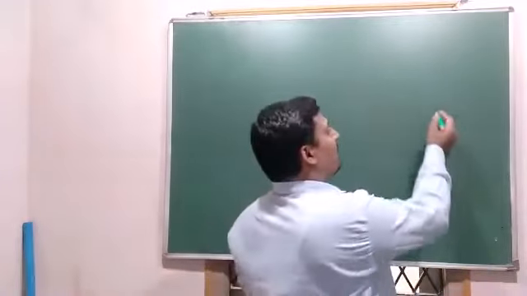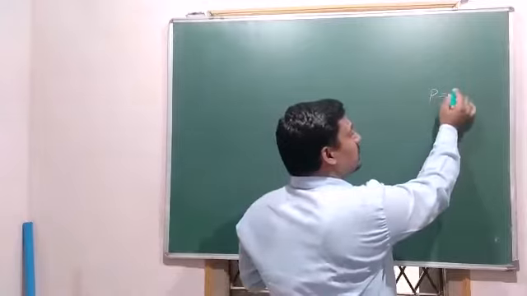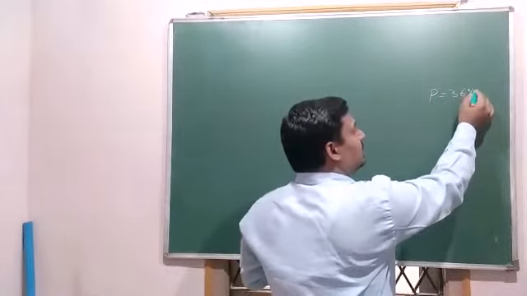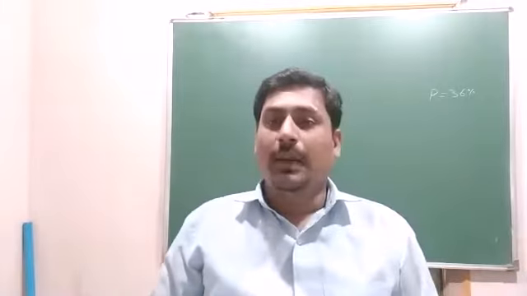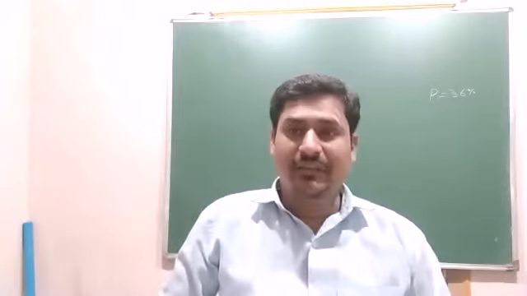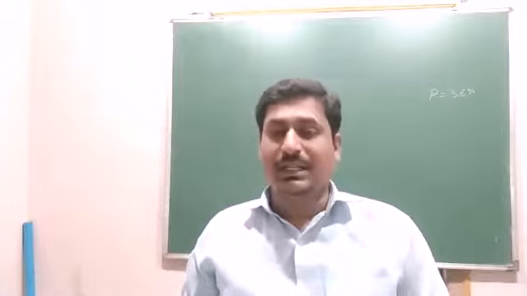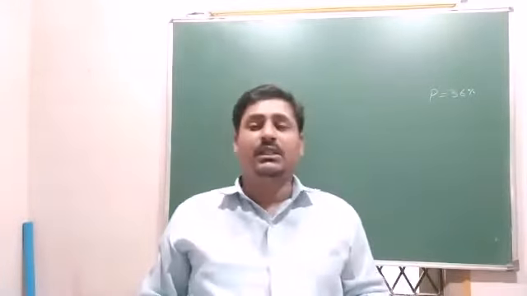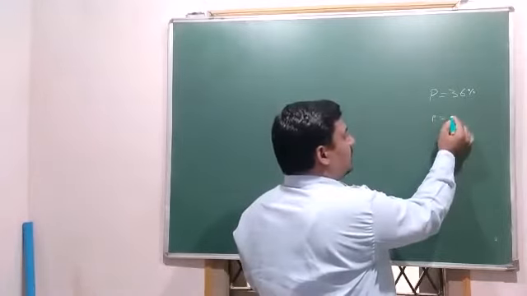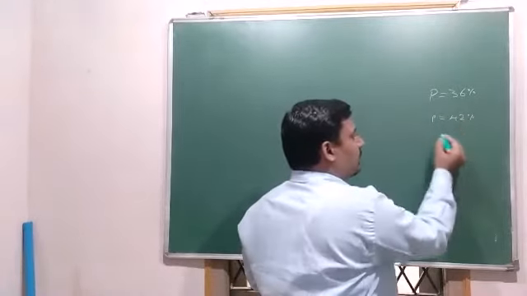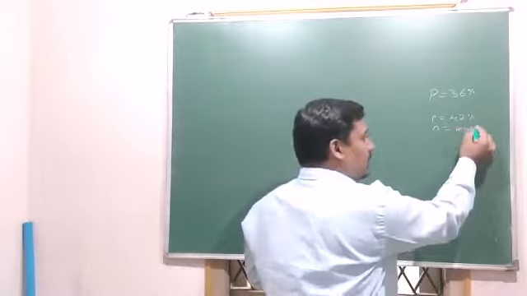That means capital P, population proportion, is 36%. A pre-poll survey of 400 voters revealed that the percentage is 42. So small p is 42% and n is equal to 400.